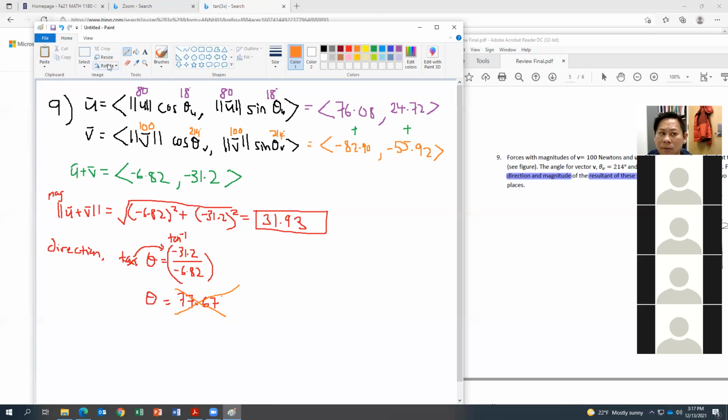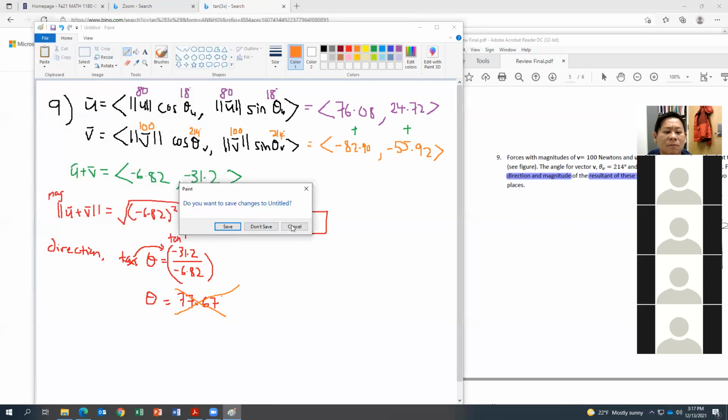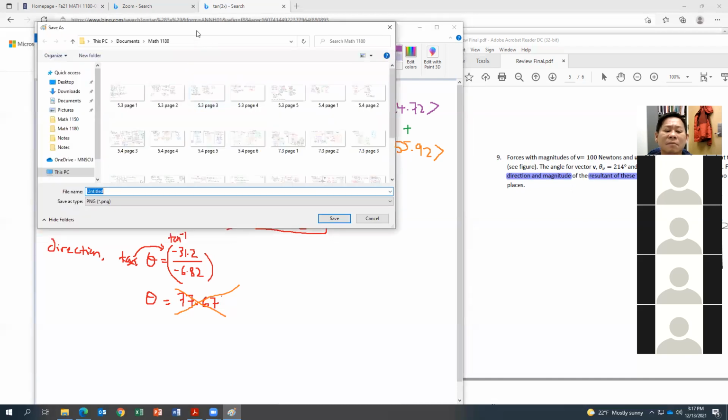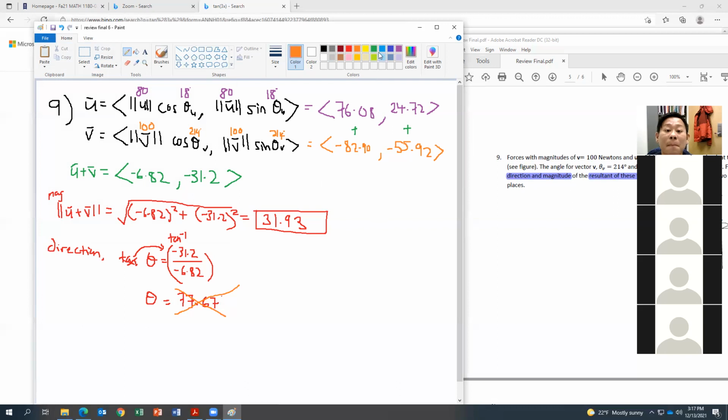Okay. How do you know whether we're going to add 180 or not? How do we know? Those are in quadrant 3. Yes, because if you draw it out, both x and y are negative. This is in quadrant 3.